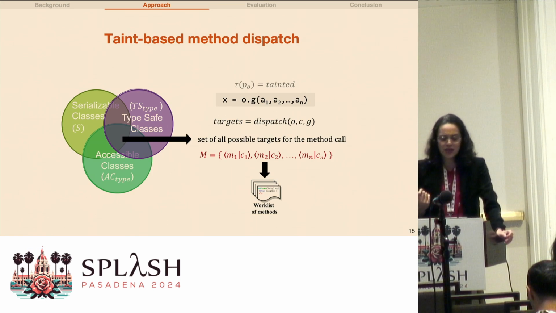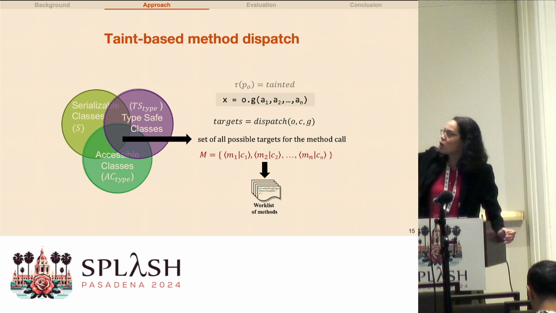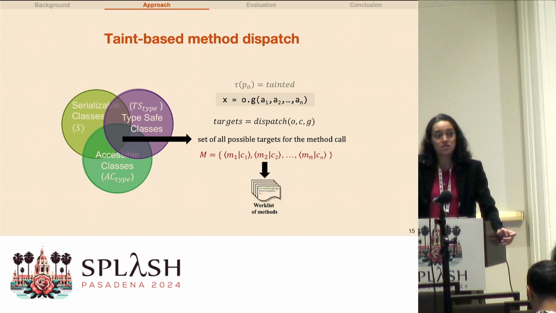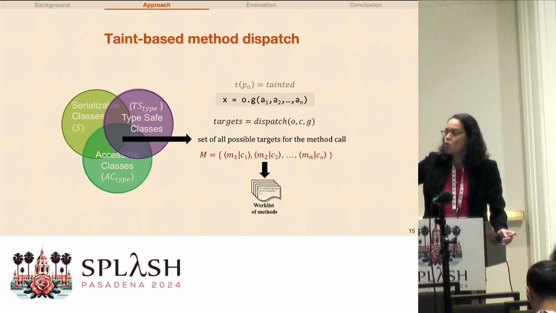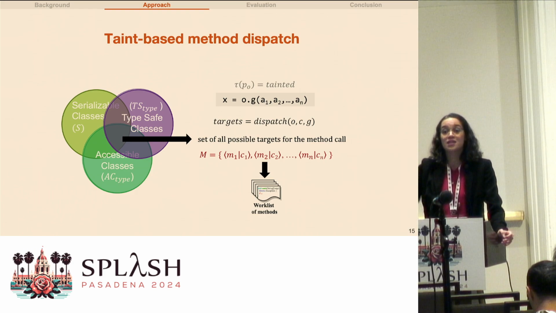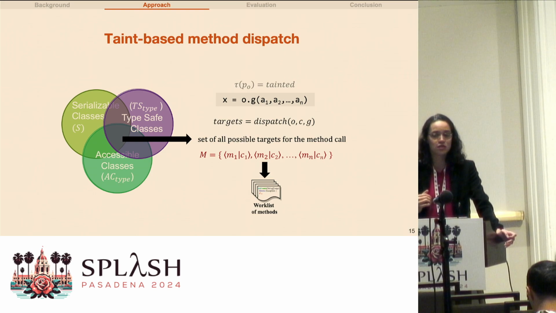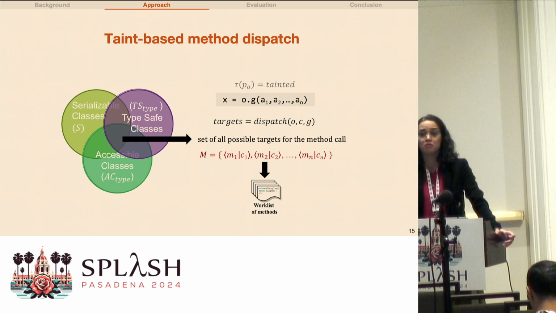And what I do is look at all the possible serializable classes in my classpath, then the classes that are actually accessible at that given context, because remember in Java some classes can be public, private, protected, or package protected, so we also take that into account.